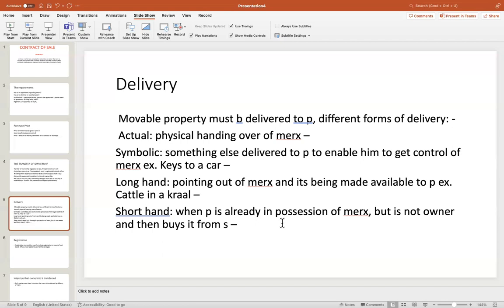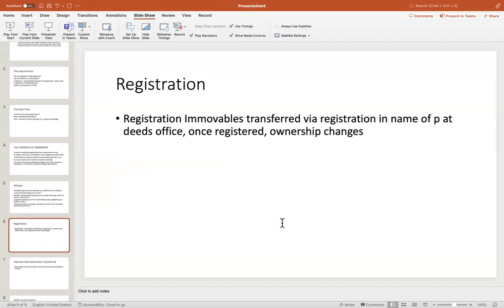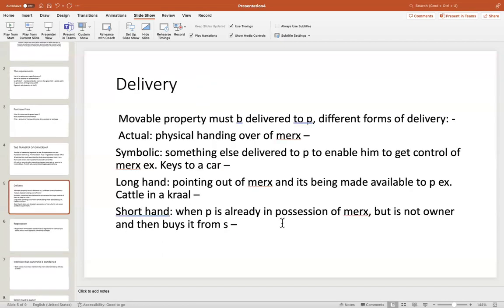The last one is delivery with the shorthand. This is in instances where you are already in possession of my thing before I actually sell it to you. Let's say I had lent you my cell phone, and you still have it, and I am now trying to sell it to you, but it's already with you.